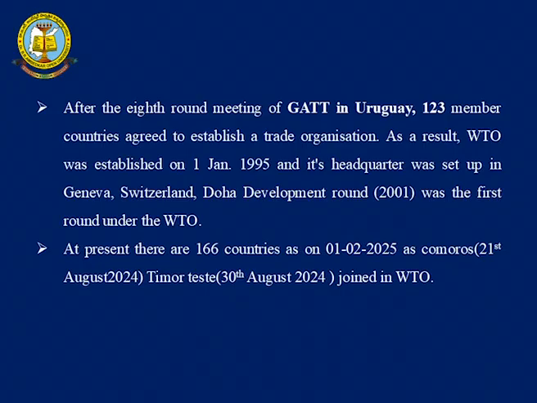Presently, the WTO has 166 countries. Recently, Comoros was added on 21st August 2024, and Timor-Leste joined on 30th August 2024. Thus, as of February 1st, 2025, the WTO has 166 countries.